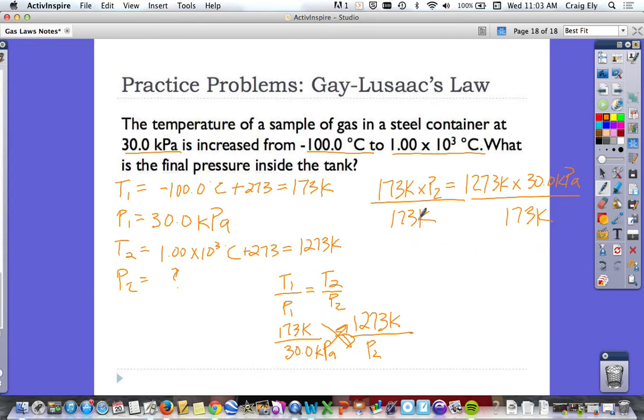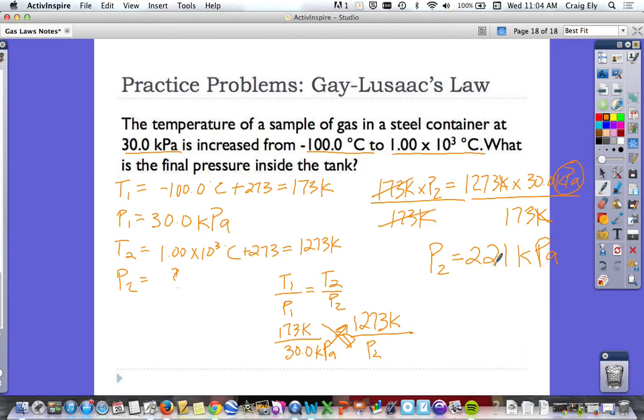Here my temperatures cancel each other out, so I'm left with P2, and my Kelvin unit of measurement cancels out, so I'm left with kPa. That's my unit of measurement for pressure. So when I do the math, I end up with 221 kPa.